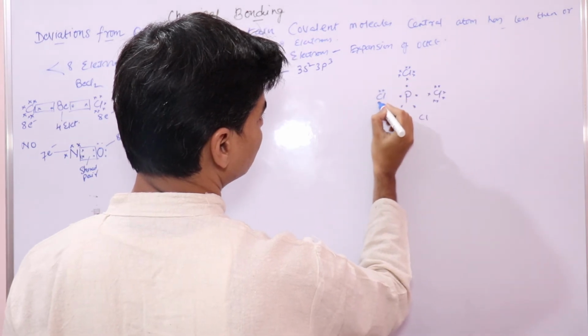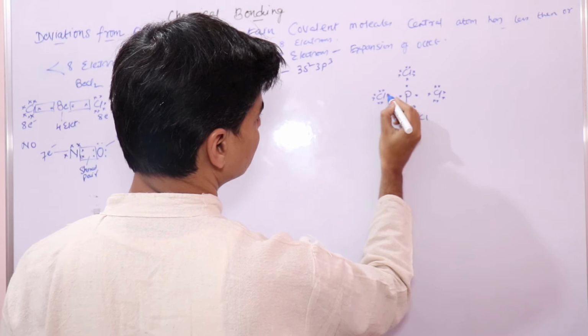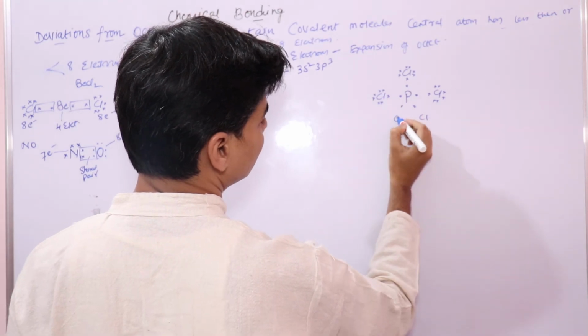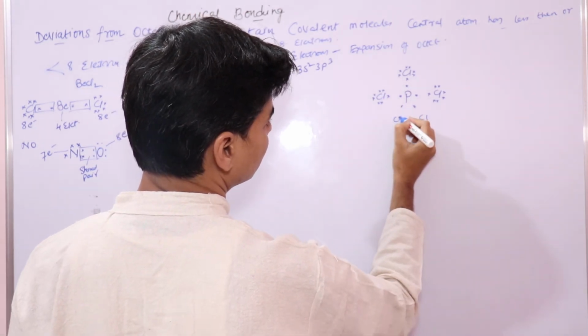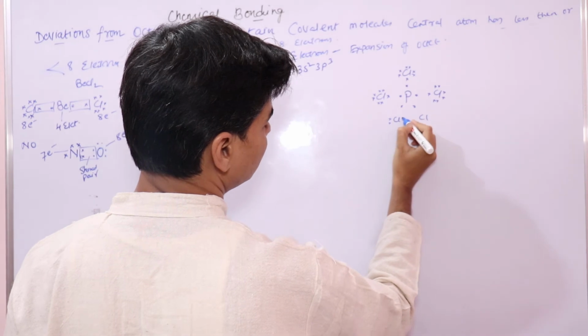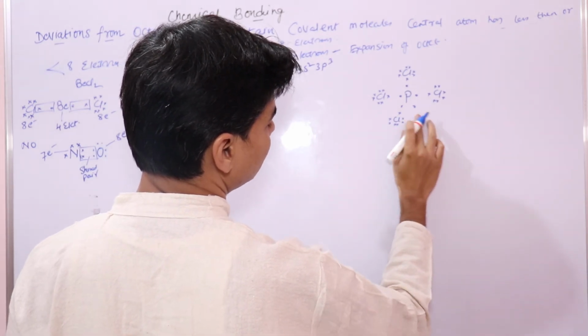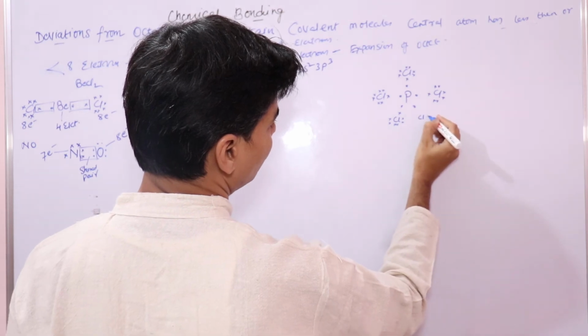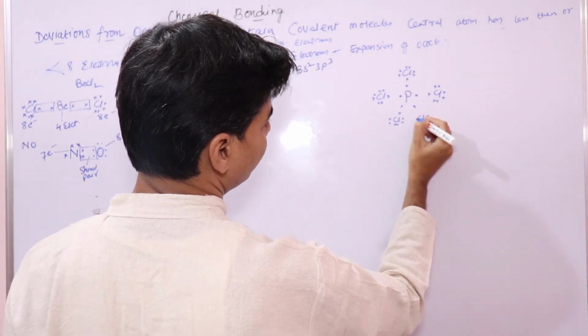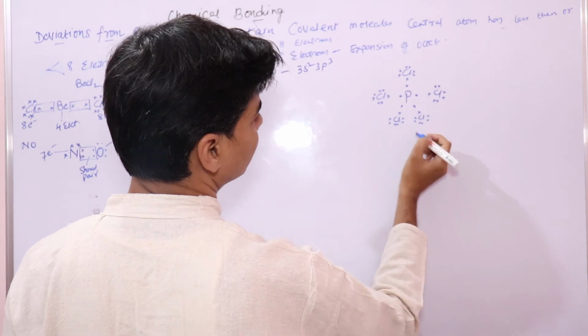Similarly for each of the other chlorine atoms, 1, 2, 3, 4, 5, 6, 7.